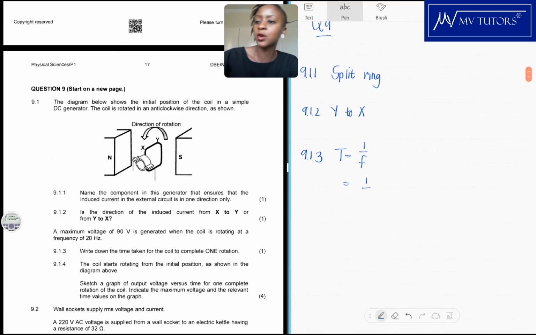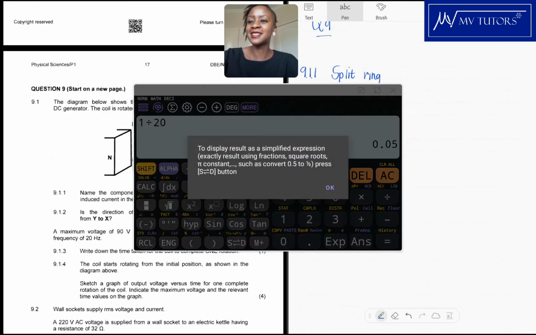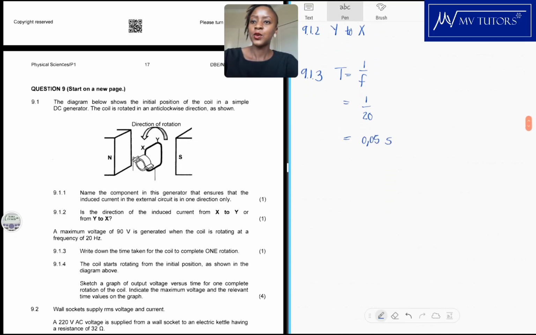And what was the frequency? It was 20 hertz. So what is 1 divided by 20? I'm going to use a calculator. So we're going to have there 0.05, I almost wrote 5%. 0.05 seconds. Okay, cool.